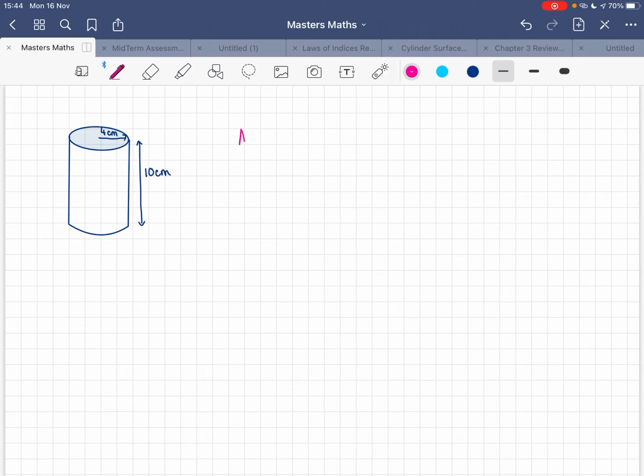Okay, so for the volume of this, we need to work out the area of the circle face. So the area of the circle is pi r squared. We've been given the radius is 4, so we're going to do pi times 4 squared, which is 50.27 to 2 decimal places.